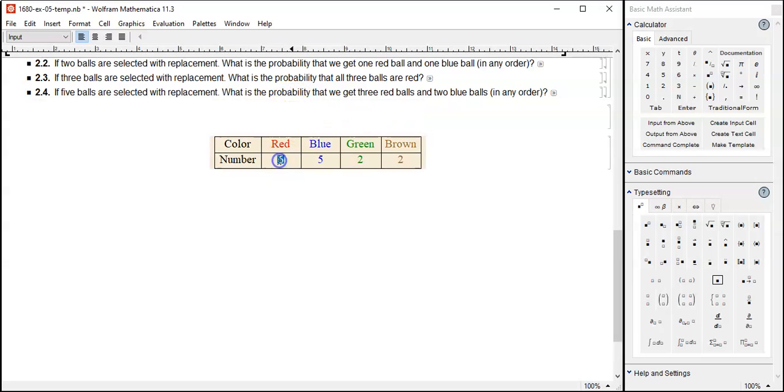So red previously was 4, blue was 3, green 2, brown 1, okay. So they add up to 10. That's easier to calculate. So 40% of the people support candidate number 1, 30% support candidate number 2, 20% support candidate number 3, and then 10% candidate number 4 or undecided, whatever.